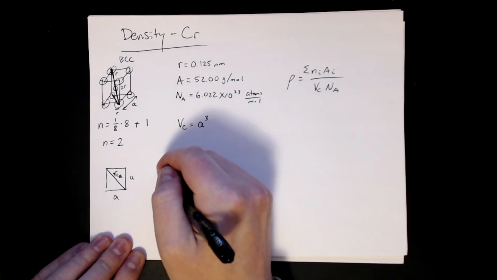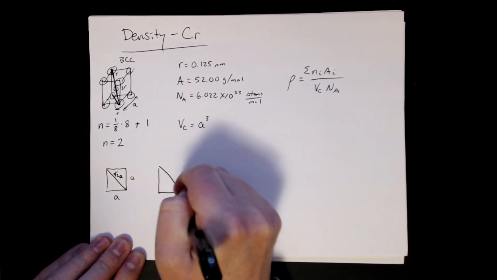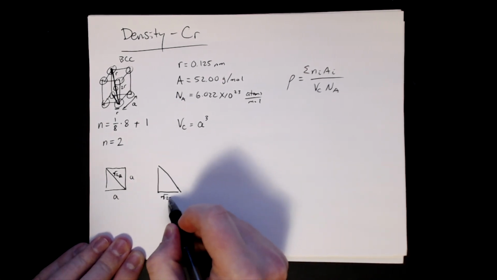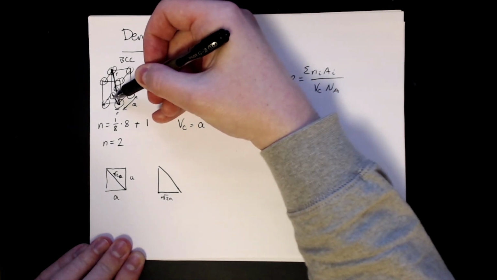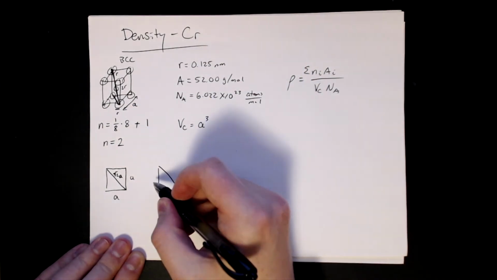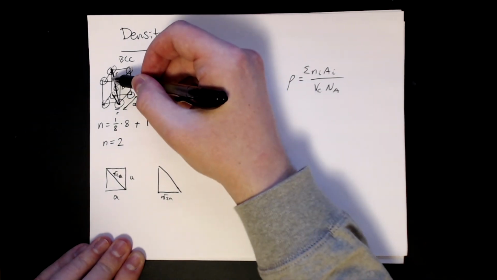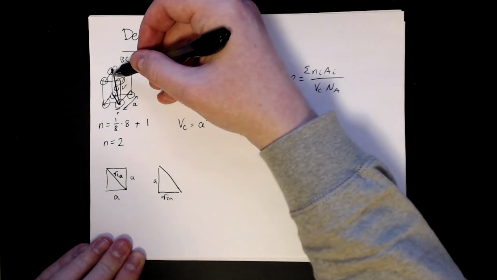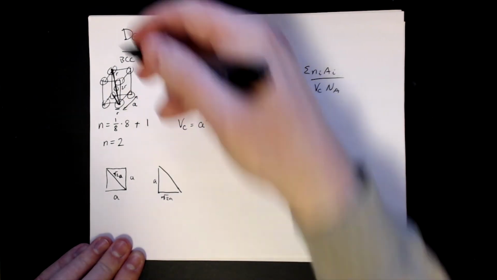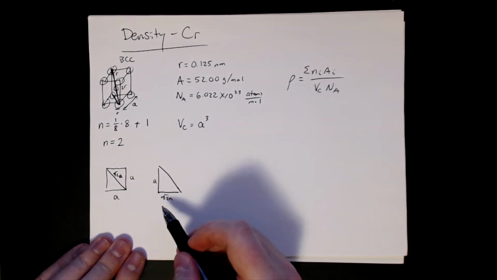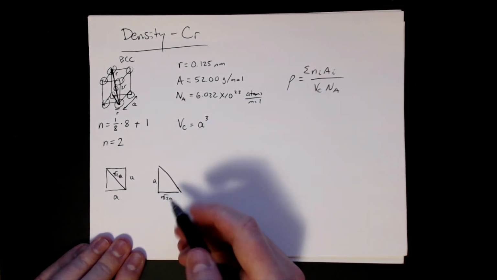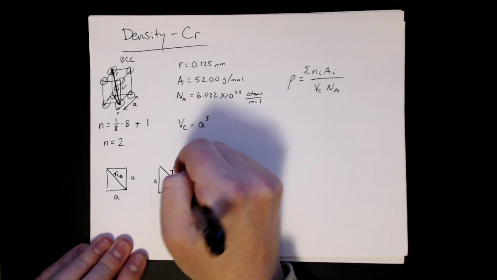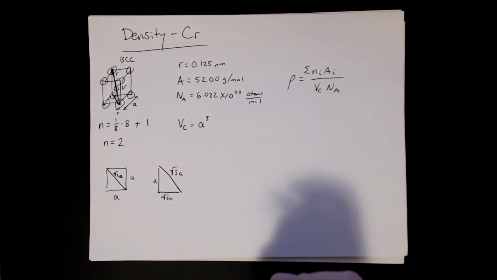So we can draw another triangle where the base here is square root of 2A. Then this is the back portion here, which is A. And we're trying to solve what this is, which is the diagonal we're after. Again, we can use Pythagorean theorem, and we would end up getting square root of 3A for this.